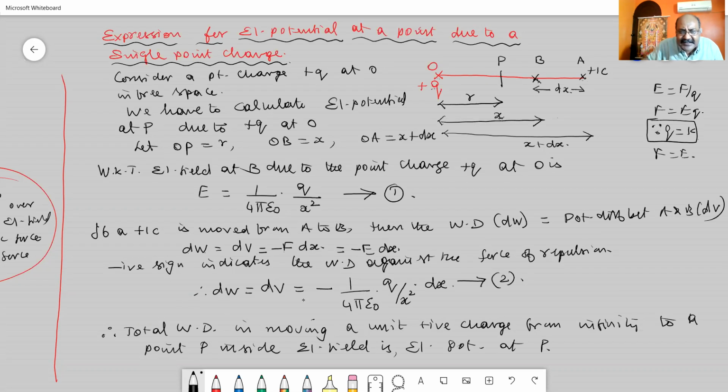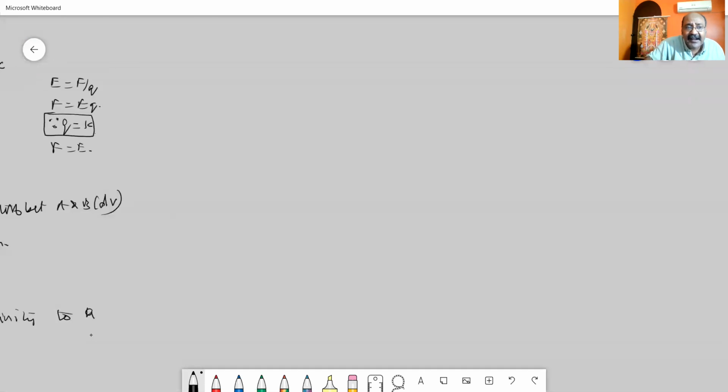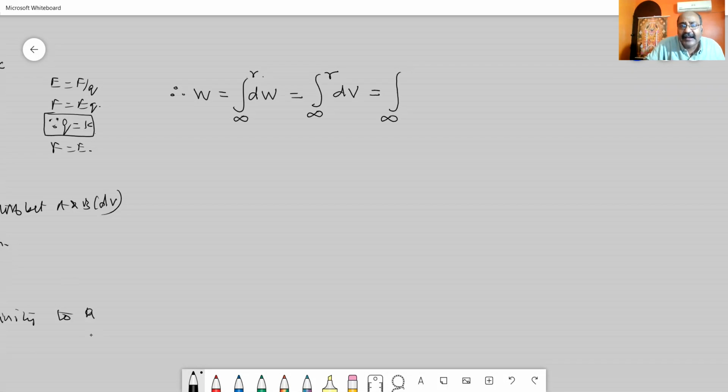So from this dW, how can I get the total work W? The total work done W is equal to the integral of dW. From where to where do I have to move? I have to move it from infinity to the point P, which is at a distance R, so it is the integral from infinity to R. Instead of dW, I can write dV. What is dV?